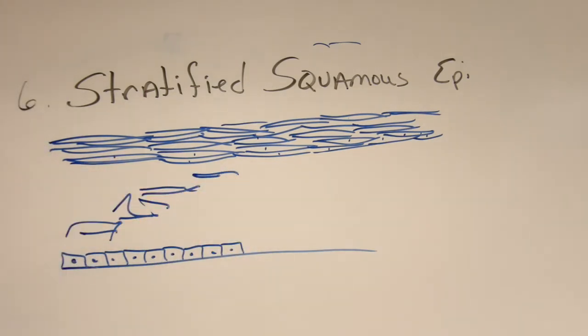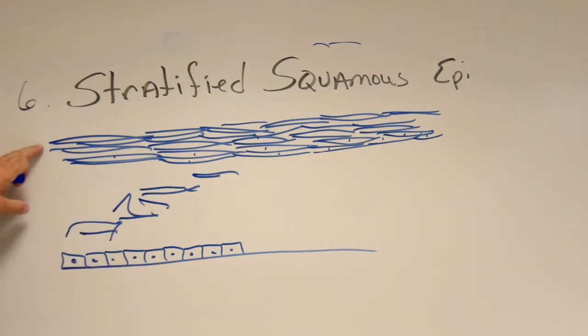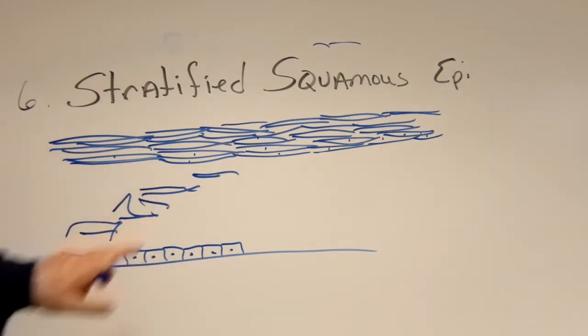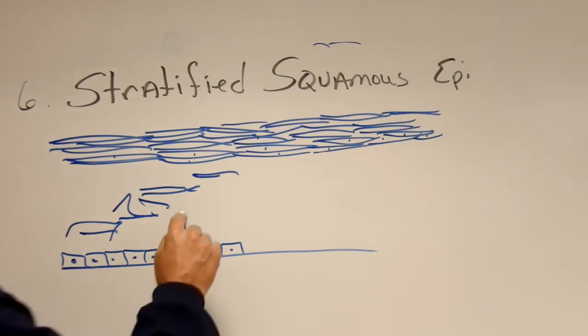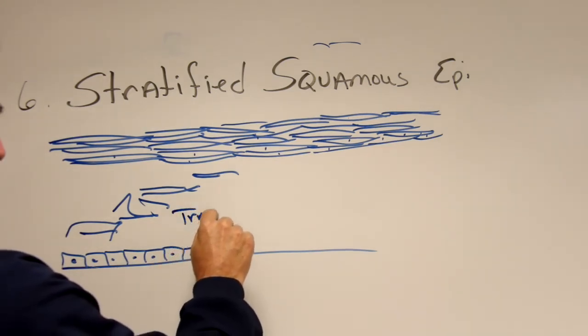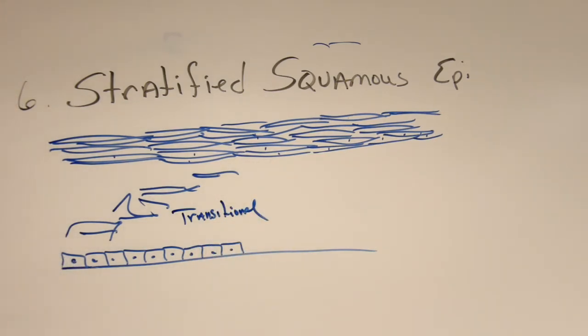What's all this stuff? Well, all this stuff in the middle is not this stuff. And all this stuff in the middle is not this stuff. It's transitional. In other words, the basal layer, these cells are mitotically active.